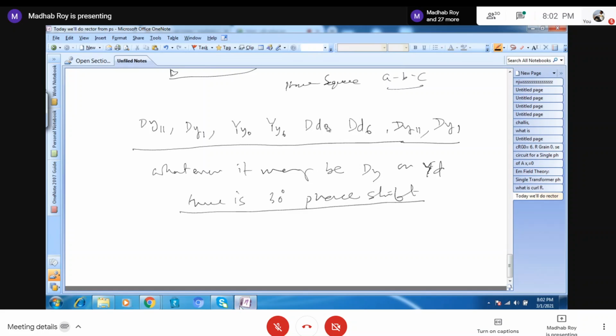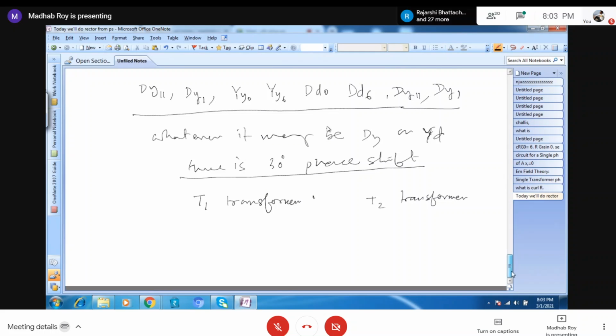There is a problem. Suppose a transformer T1, transformer 1, and T2, transformer 2. Now what will be the outside of the transformer? A transformer is a box like this.